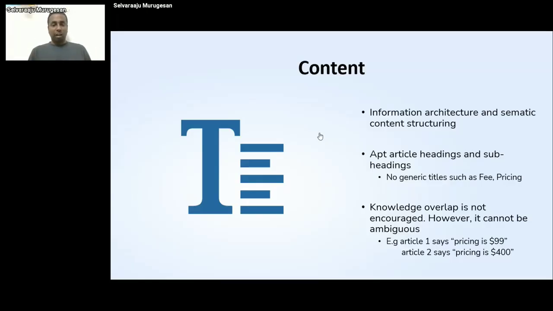So make sure you do not have ambiguous content in your knowledge base or your documentation. And you can also use AI to do that. You can throw your entire documentation to Gemini or Claude. Then you have to prompt it to identify some kind of ambiguity, like factual ambiguity, inference ambiguity, and things like that. So it's very important that you do that.